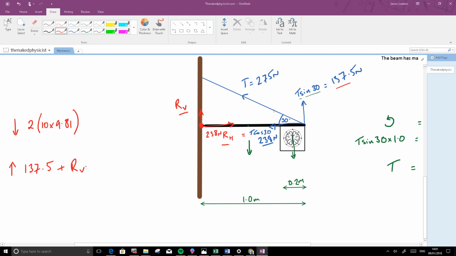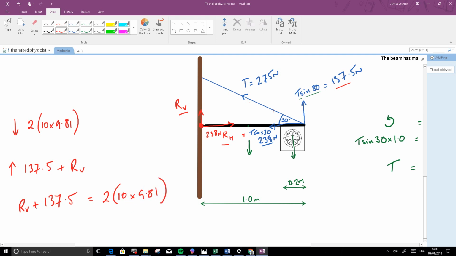And so using this, in order to be in equilibrium, the total upward forces must balance the total downward forces, and so we can set up a fairly straightforward equation. We can say that RV plus 137.5 equals 2 times 10 times 9.81.